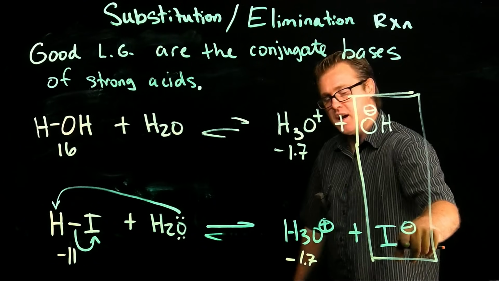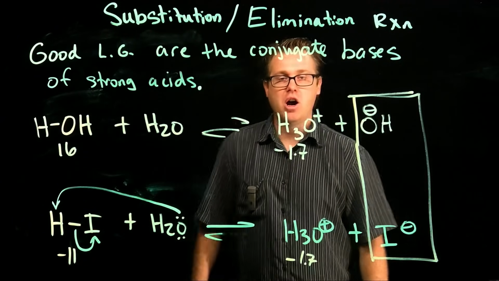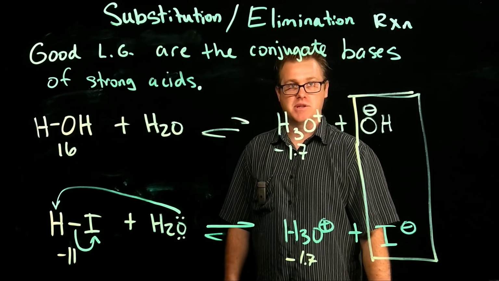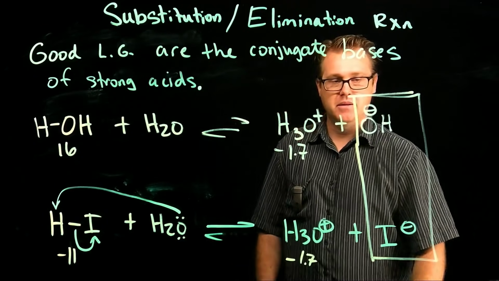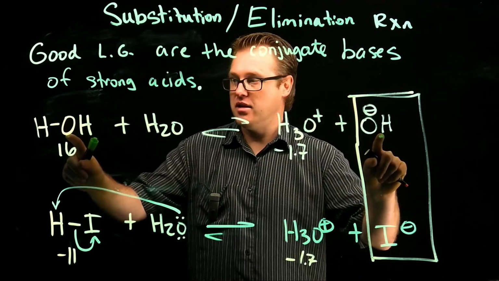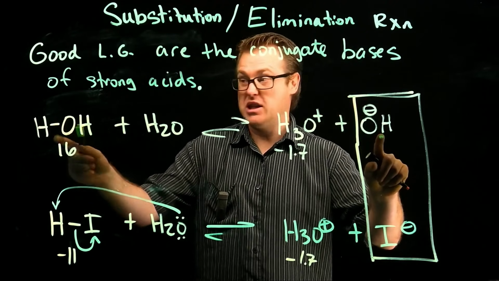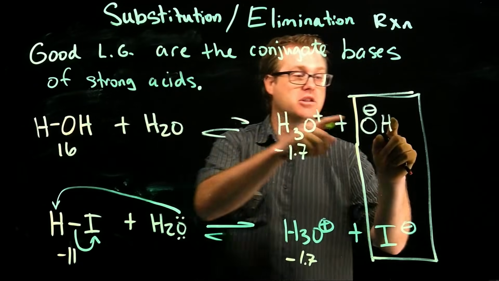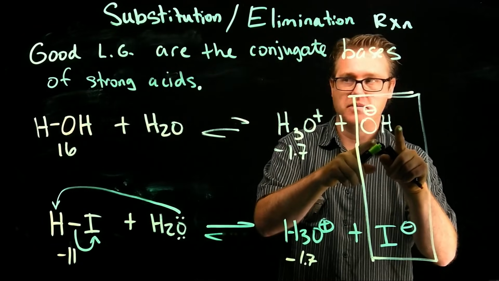Conjugate bases of strong acids are good leaving groups. This is the conjugate base of this guy right here. It's not a strong acid, so it's not a good leaving group.